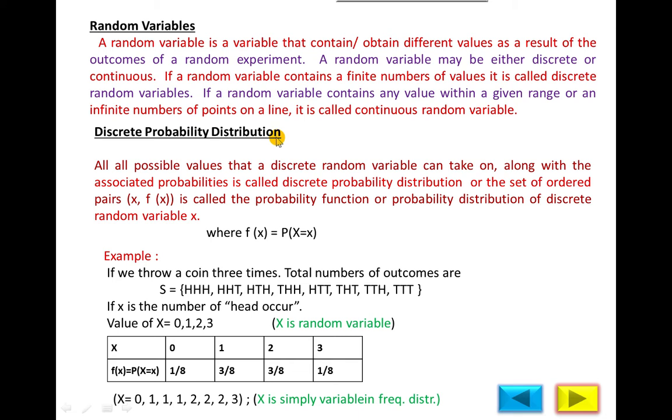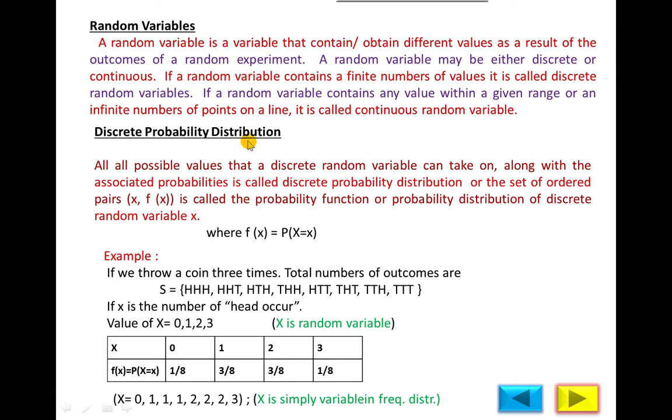So when we use the word variable and when we use the word random variable: variable in frequency distribution, random variable in probability distribution. So how will you decide whether the given variable is a variable or a random variable?